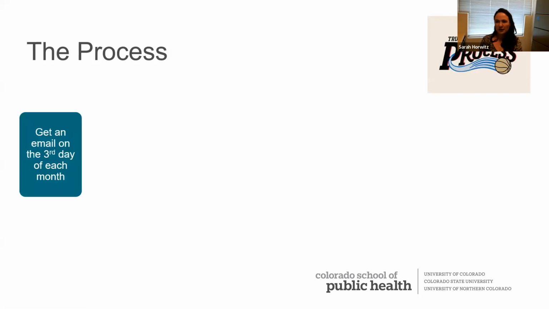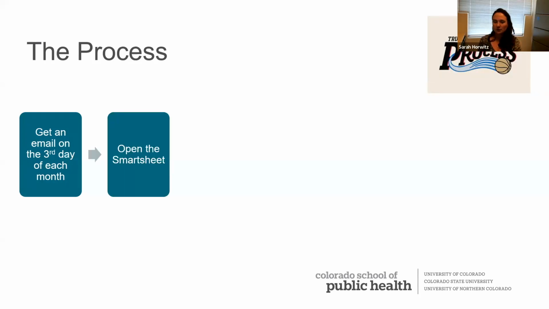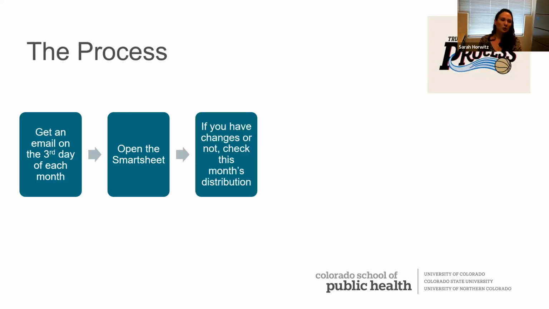Okay, so process. On the third day of each month, Smartsheet will automatically email you your spreadsheet and it'll say time to update your funding distribution and it'll have a link to your spreadsheet. And then you will open that up and take a look. That's either if you know you have no changes, like still log in because you just want to double check and get in the habit of that.